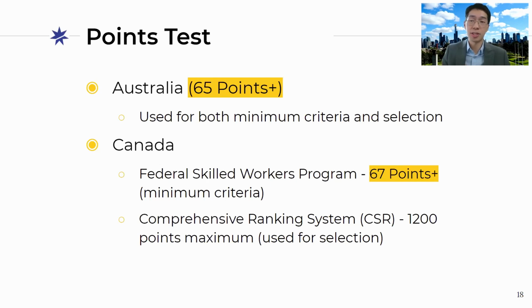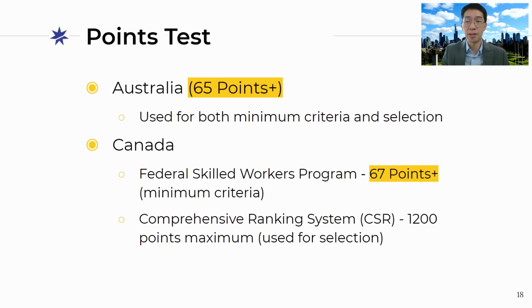The Federal Skilled Workers Program gives you points based on your age, academic qualifications, and so on, and you need to have 67 points and above to be allowed to apply. The 67 points is what they use for minimum criteria, meaning they calculate X points for your age, X points for your academic history, and so on. If you have 67 points and above, you're allowed to apply. So that's the minimum criteria.